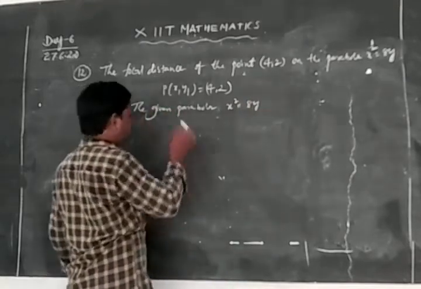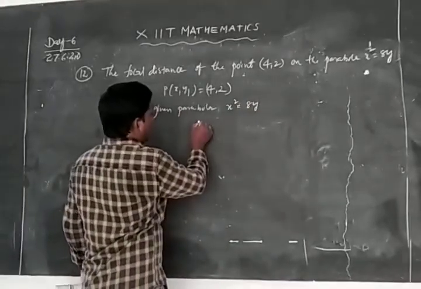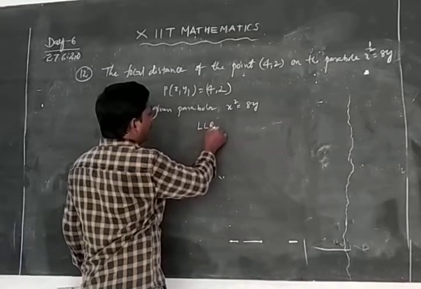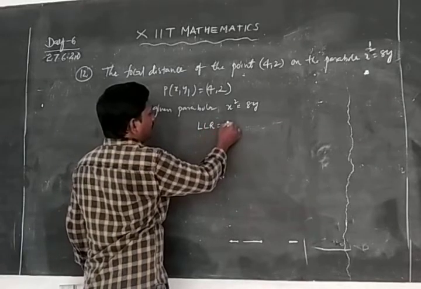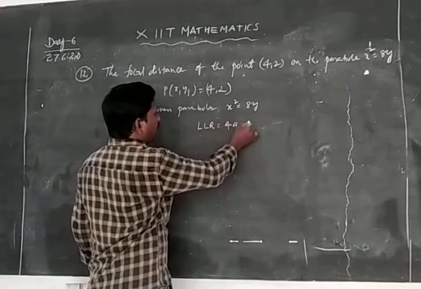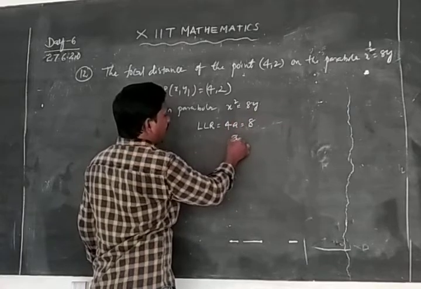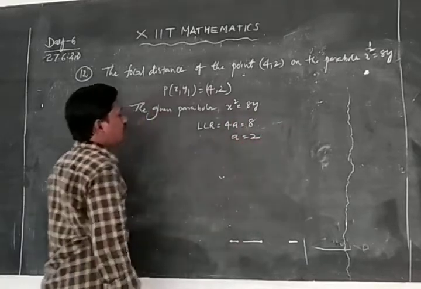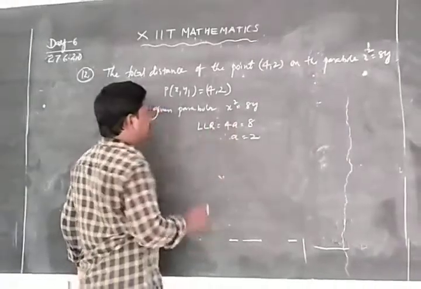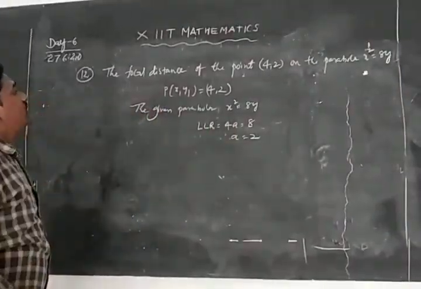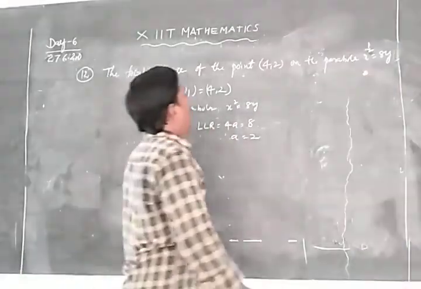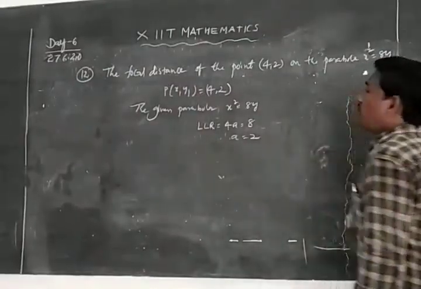Now the latus rectum of any parabola equal to 4a equal to 8. I think a equal to 2. We got a.